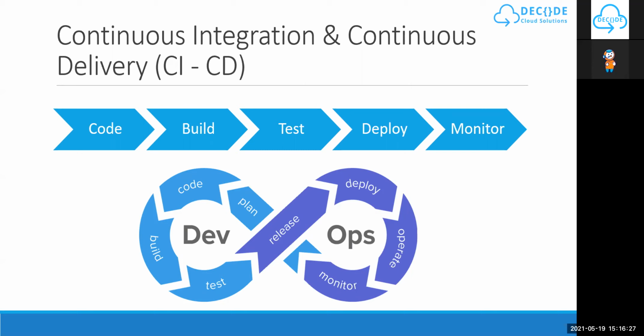We start from the code, take it to the build. Once the build is successfully prepared, it goes for the testing, which requires some testing tools, test plans, and all that stuff. Then if everything is successful, it goes to the deployment phase where it is deployed to the appropriate environment. And then again, once everything is fine, we move it to the production environment.